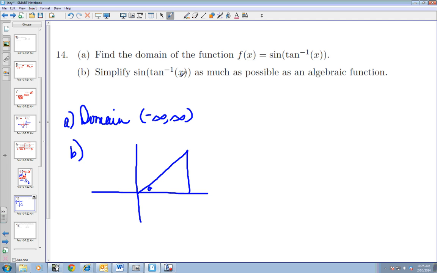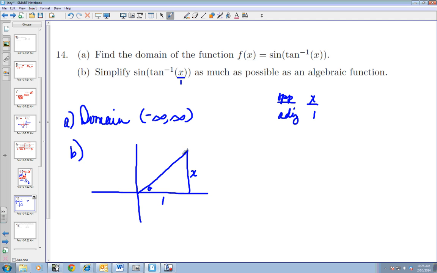If you remember, tangent is opposite over adjacent. So they're saying that tangent of some angle is x, so my opposite side is x and my adjacent side is 1.